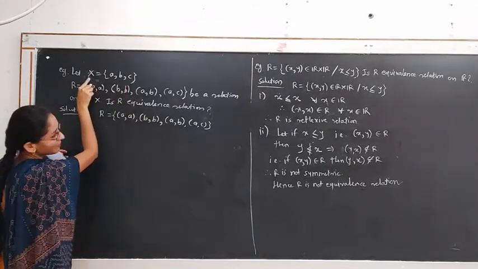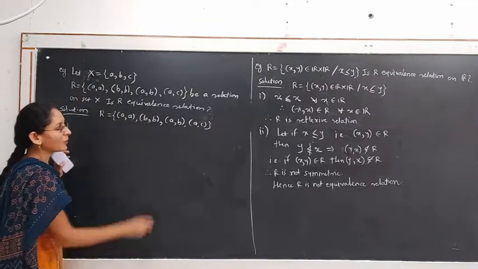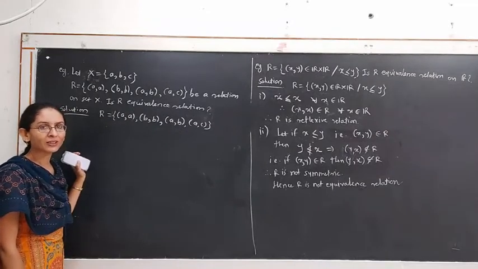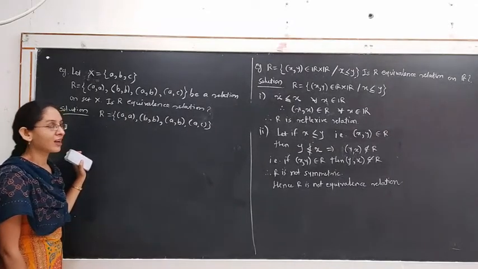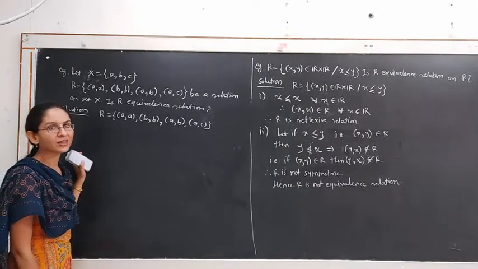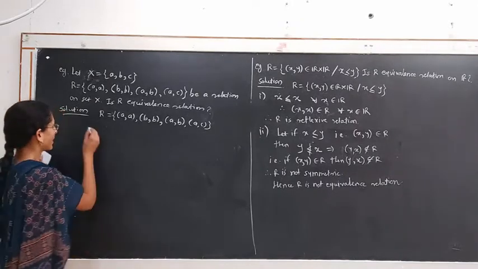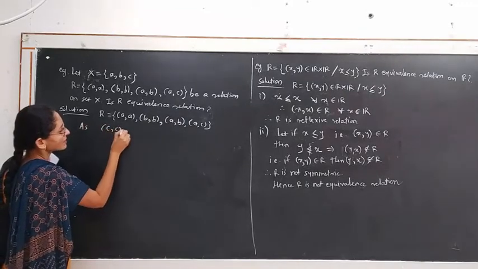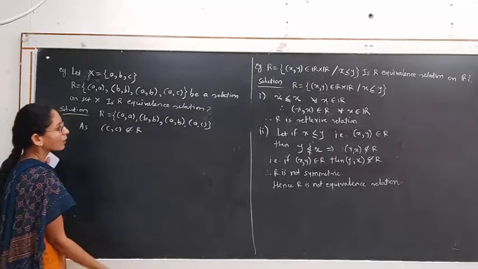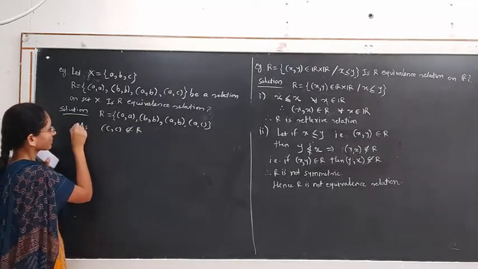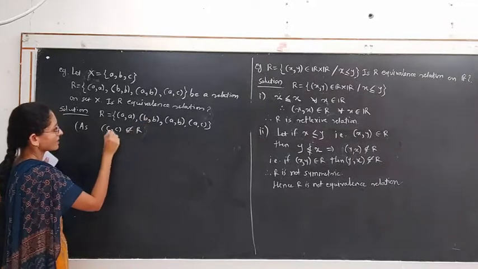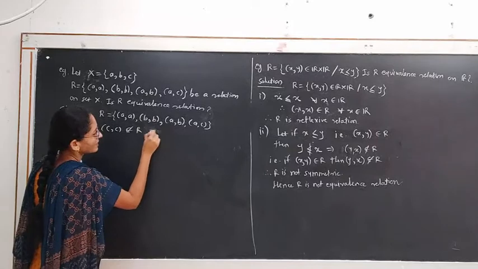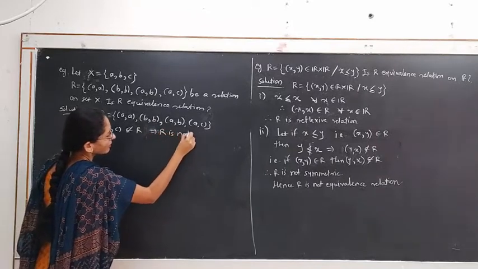Element c is an element of set X, but the ordered pair (c, c) does not belong to R. That is, element c is not related to c itself. Hence, R is not a reflexive relation, hence it is not an equivalence relation. As the ordered pair (c, c) does not belong to R, this implies R is not reflexive.